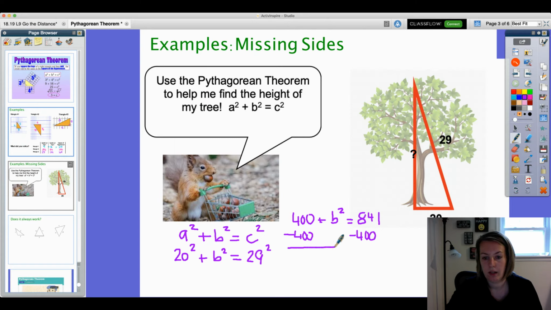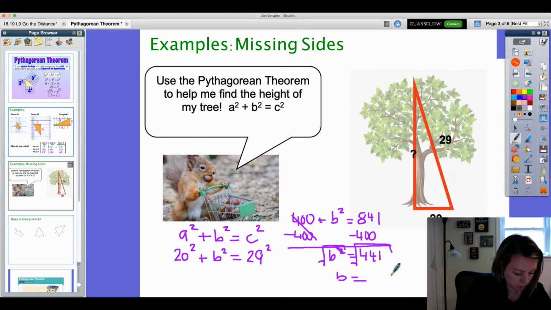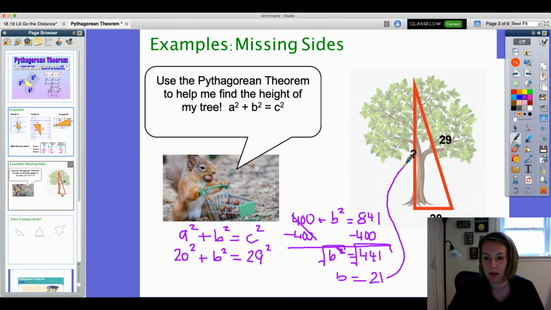And that would give me b squared equals 441. Now, I still have a square here, so to get rid of it, I'm going to have to take the square root. So this would cancel out. If I take the square root of 441, I'm going to get 21. So that means now that my height is 21.